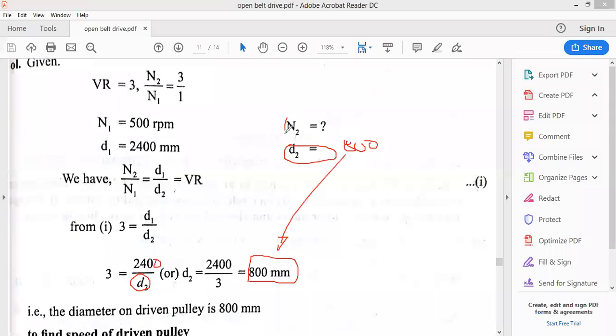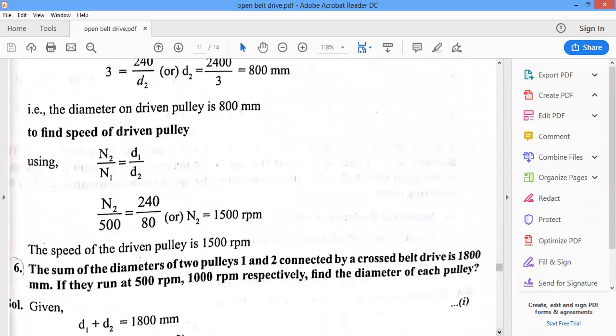Now we have to find out N2. Go back to the velocity ratio equation, N2 by N1 is equal to D1 by D2.